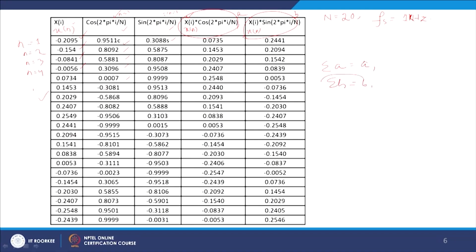Now the magnitude is equal to the square root of a1 square plus b1 square, and the angle of this signal is equal to tan inverse of b1 upon a1. So this is one kind of assignment, you can take it and calculate the corresponding magnitude and angle.